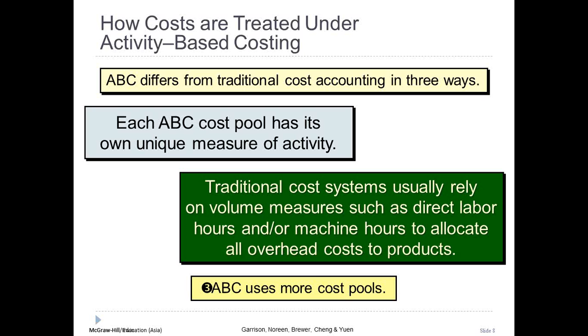Relying exclusively on these bases to assign overhead costs to products has come under increased scrutiny since, on an economy-wide basis, direct labor and overhead costs have been moving in opposite directions and the variety of products produced by companies has increased.